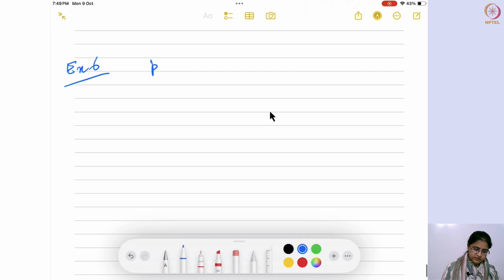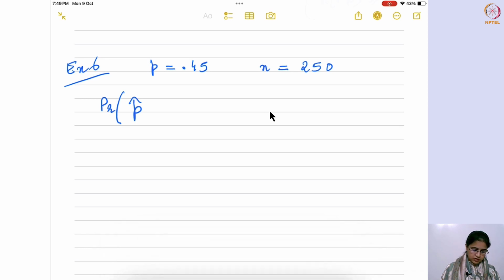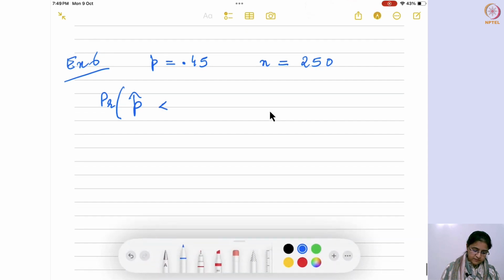So p is given to you as 0.45, n is 250. We have to find the probability that p hat, the proportion of individuals who have watched a movie in the past week, is less than 0.35.